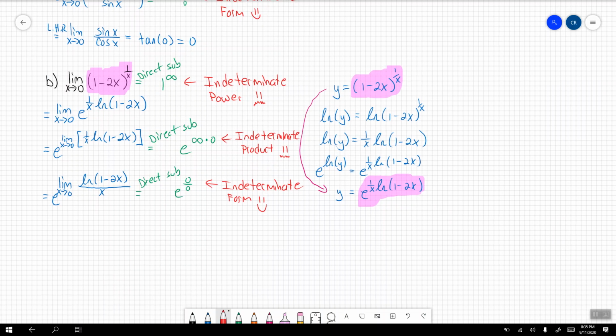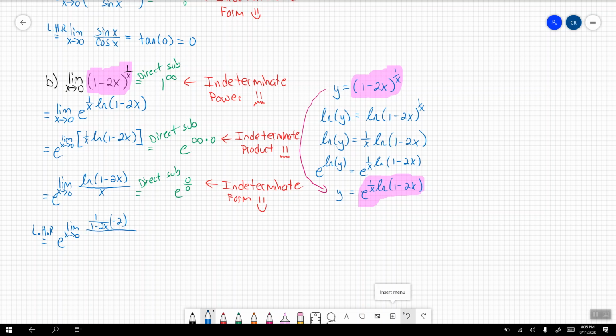And it is at this point that we can apply L'Hopital's rule. So let's apply L'Hopital's rule to that limit. E to the power of the limit as x approaches 0. Let's take the derivative of the numerator of that exponent. The derivative of the natural log is 1 over its argument, 1 minus 2x, multiplied by the derivative of the inside, which is negative 2.